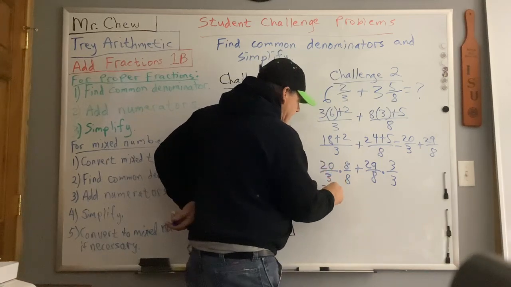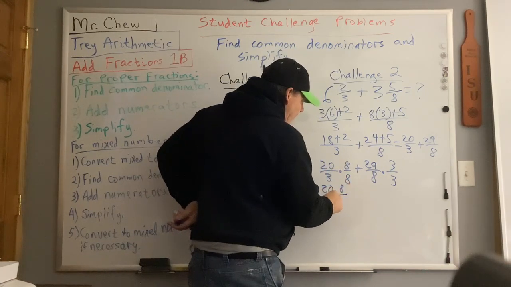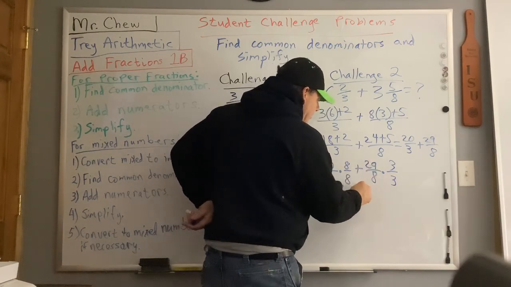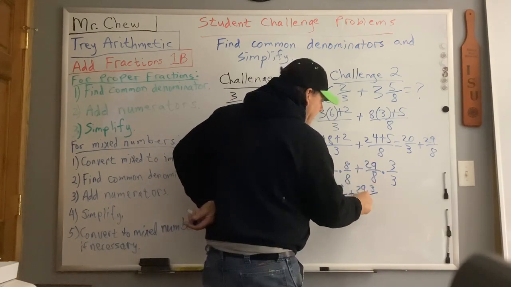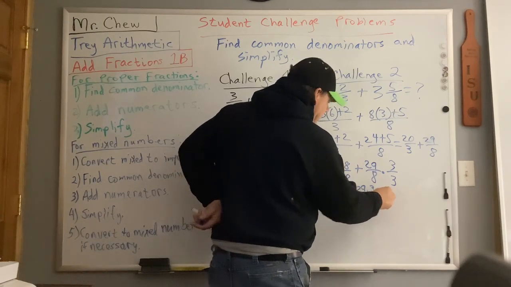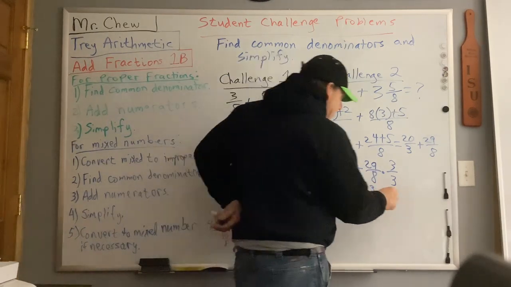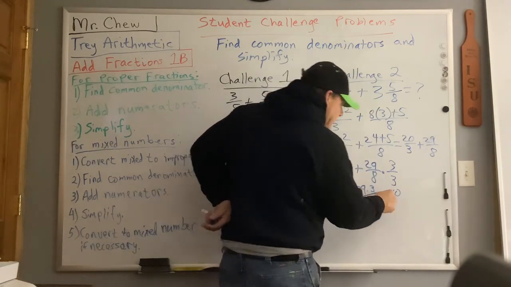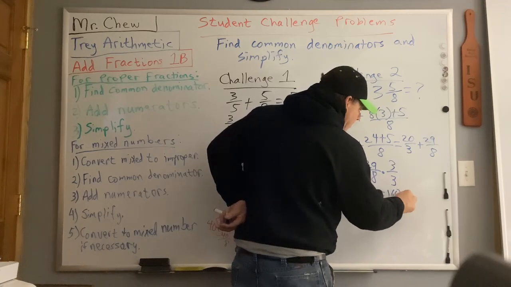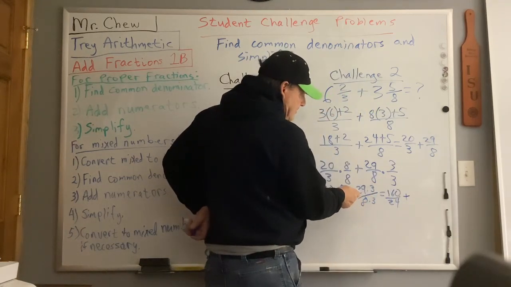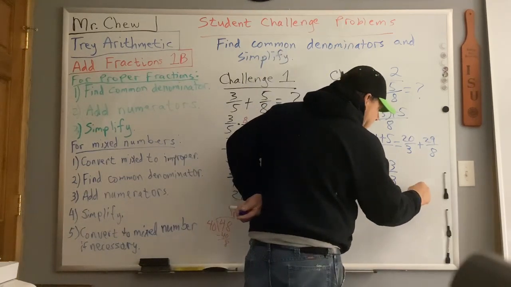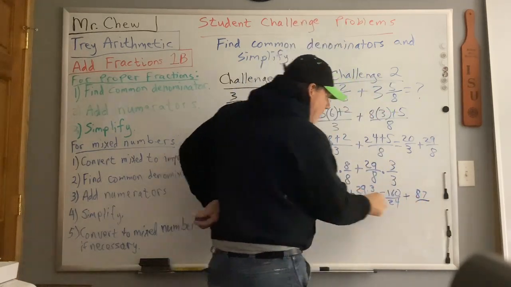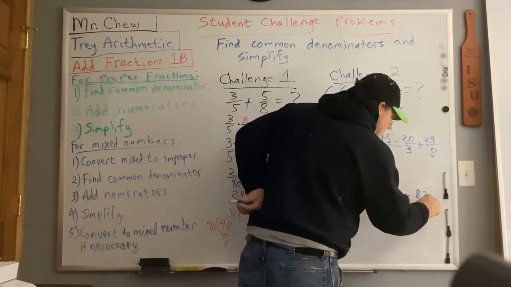So this is 20 times 8 over 3 times 8 plus 29 times 3 over 8 times 3. So that's 20 times 8, which is 160, over 3 times 8, which is 24. 29 times 3 is 60 plus 27, which is 87. I use the distributive property in middle math to do that. Over 8 times 3, which is 24.